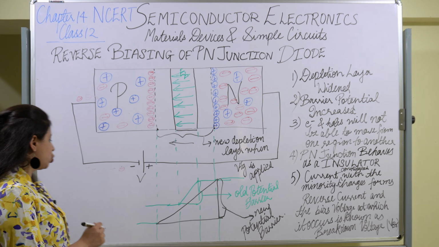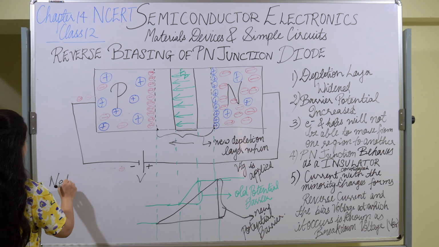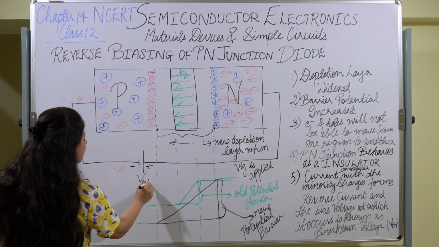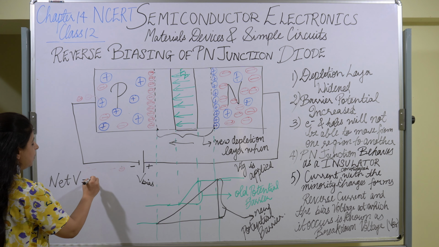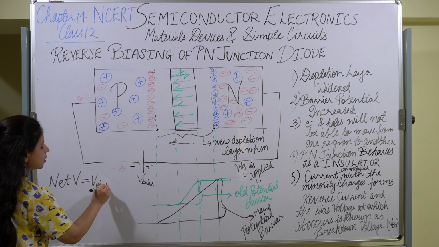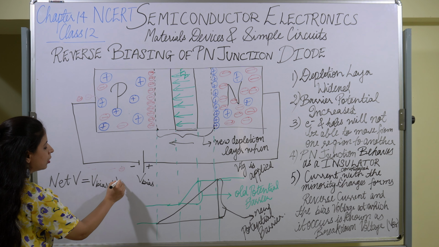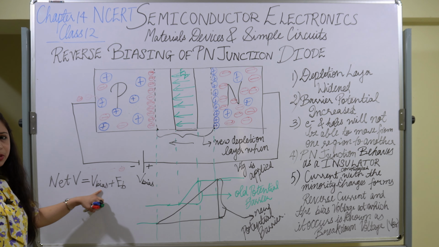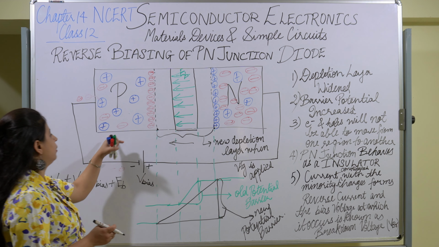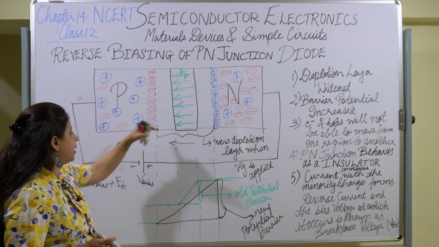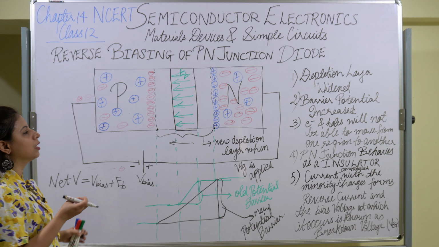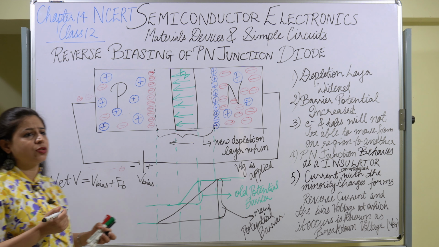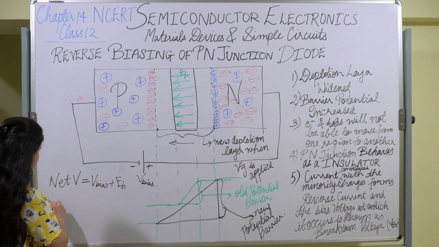So my net V will be equal to V bias plus EB. So at some bias voltage, my electrons will move from this side to this side and they will conduct electricity, which is very minute, very much lower. It is of the order of microampere.